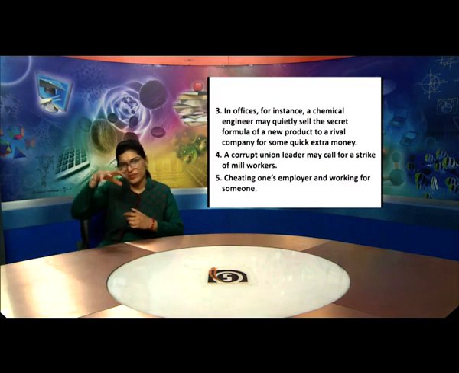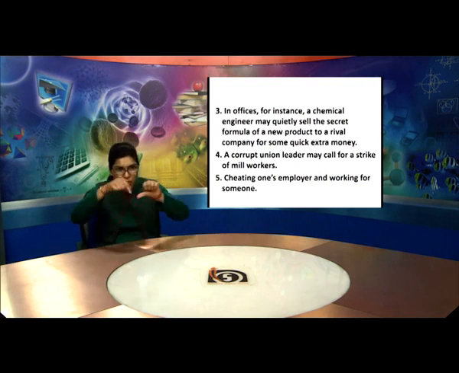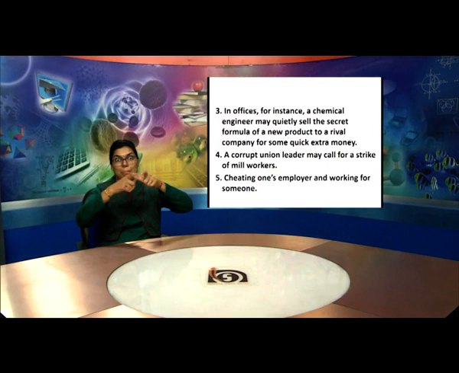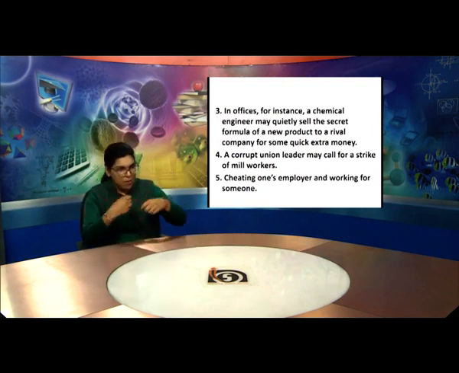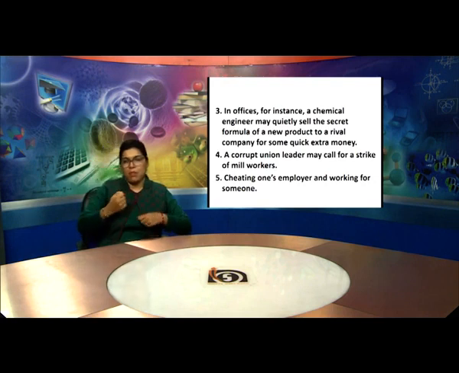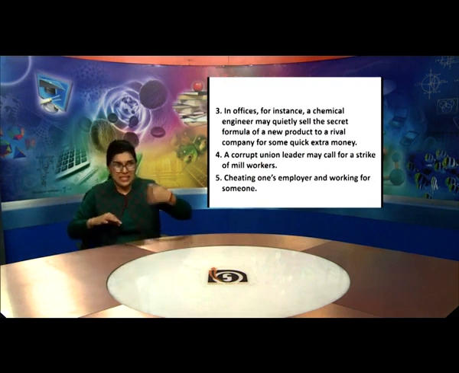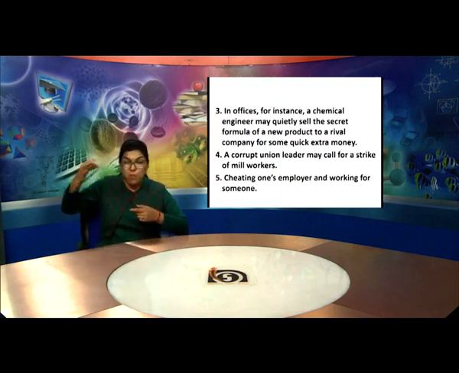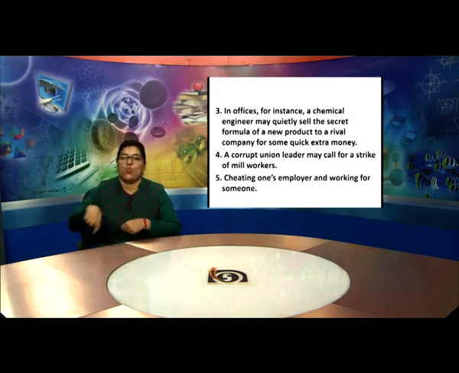Third point explains that in offices, for instance, a chemical engineer may quietly sell the secret formula of a new product to a rival company for some quick extra money. So, being disloyal this way is not correct.